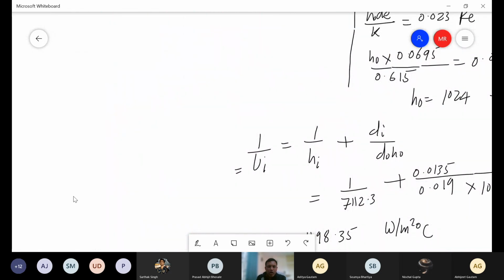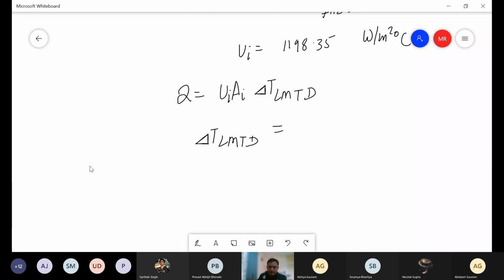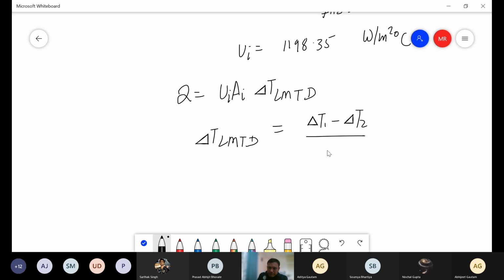So log mean temperature difference can be calculated as delta T1 minus delta T2 divided by ln delta T1 by delta T2. Delta T1 is, if I take end 1, 250 minus 40. Delta T2 is what? 40 minus 26, isn't it?